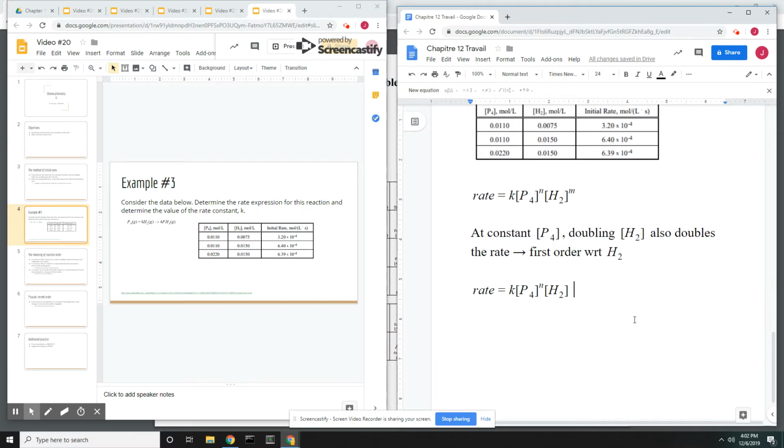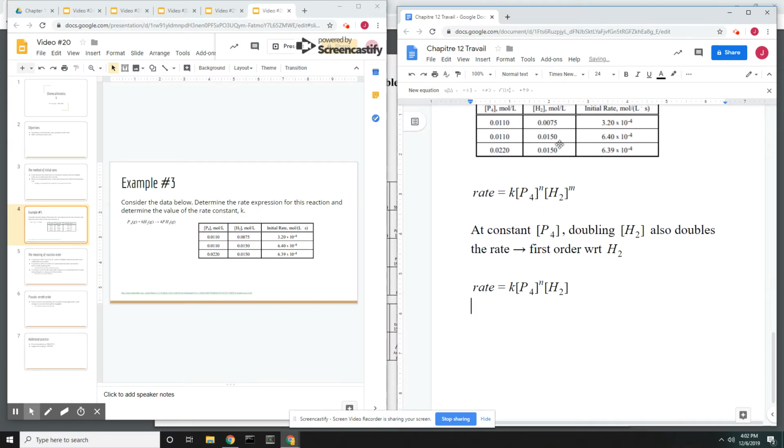Now I'm going to determine the same thing for P4. So between trials 2 and 3, hydrogen concentration is kept constant. And in this case, it's doubling P4, and there is a negligible change.